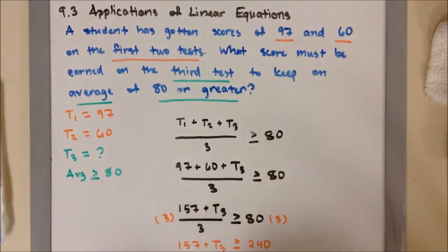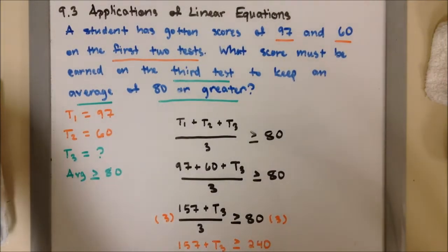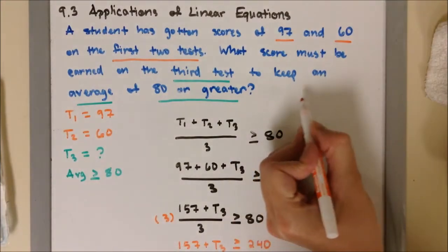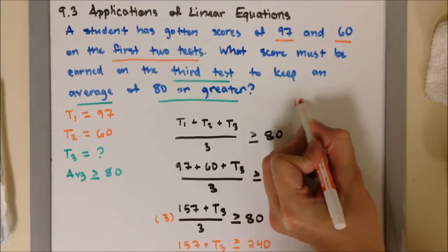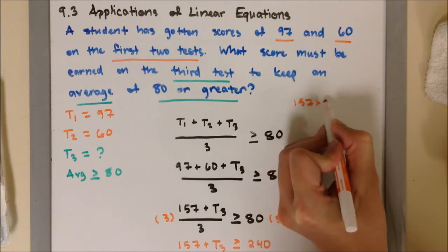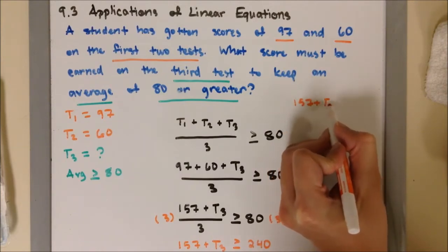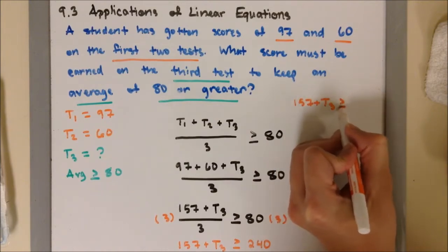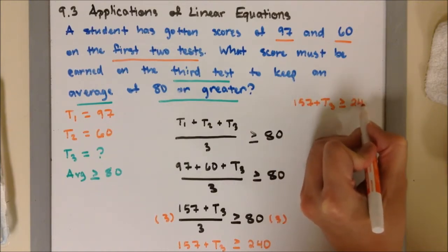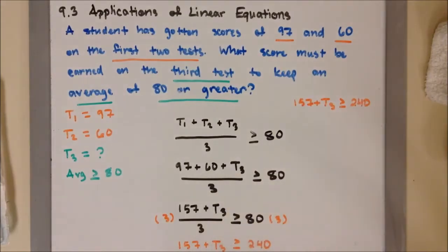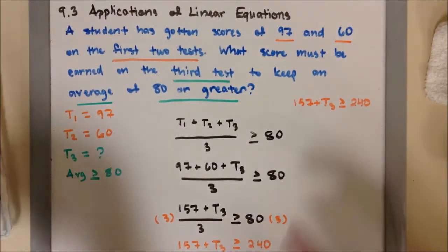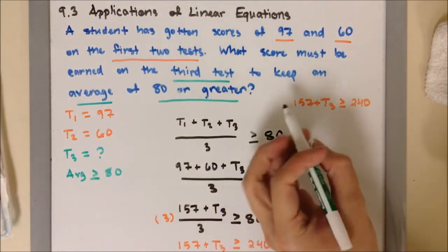Alright, I'm going to write it over here so that I have more space. So 157 plus T sub 3, the third test, greater than or equal to 240. Now to solve for the value of the third test, I'm going to subtract 157 to cancel it out.